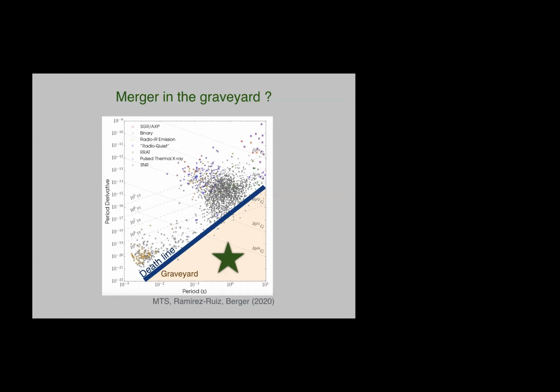So we suggested, is it possible that GW190425 is a system merging in the graveyard? If that is the case, we have to come up with a mechanism by which you bury the magnetic field of a neutron star, such that the mechanism also increases the mass of the neutron stars.